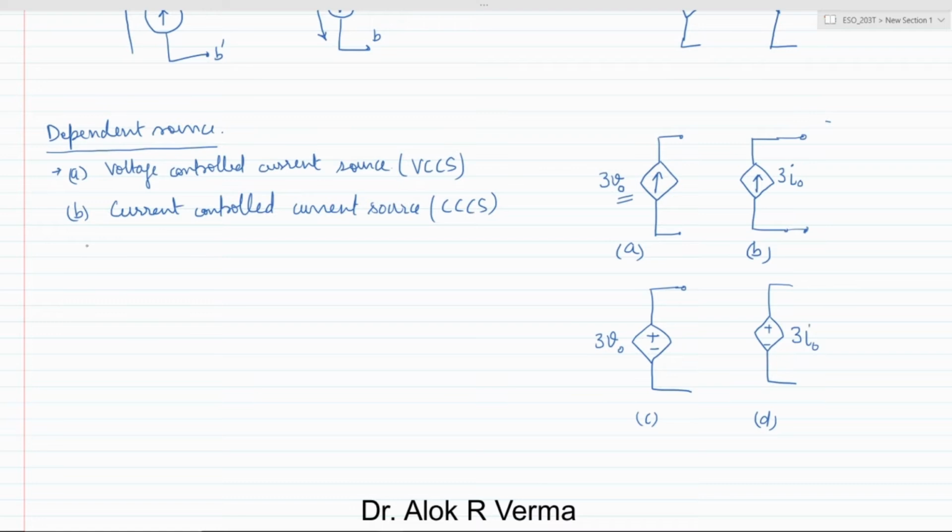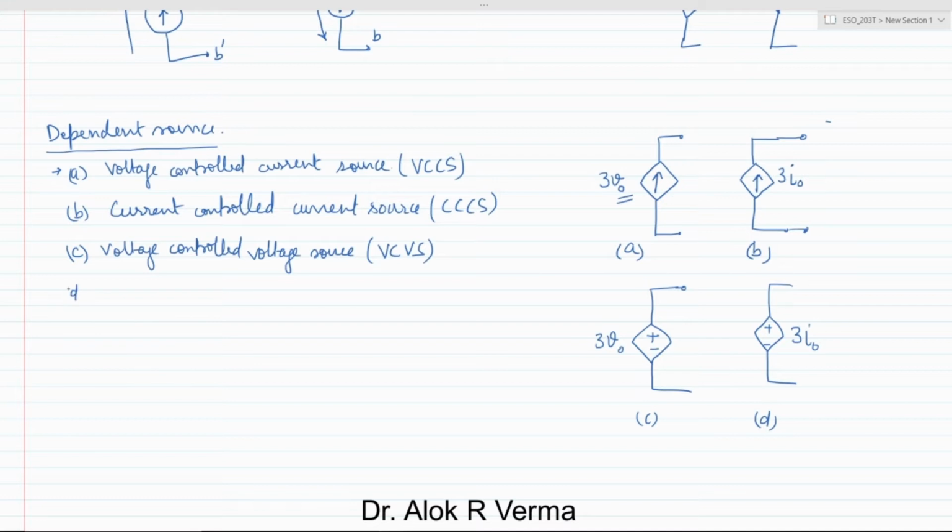Similarly, can you write the name of C? This is a dependent voltage source controlled by the voltage. So it is a voltage controlled voltage source.